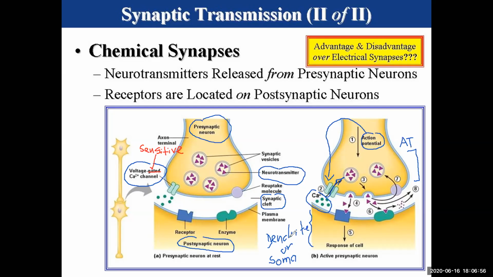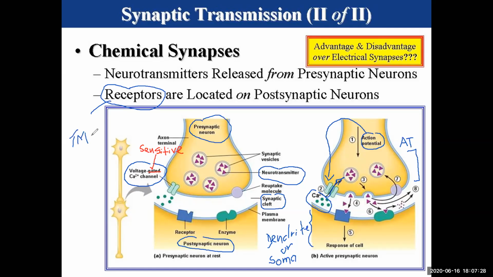And this dendrite or soma will generate either EPSPs or IPSPs, depending on the type of the neurotransmitter that binds to the receptor. So when I say receptor located on the postsynaptic neuron, I'm talking about transmembrane proteins, TMP.